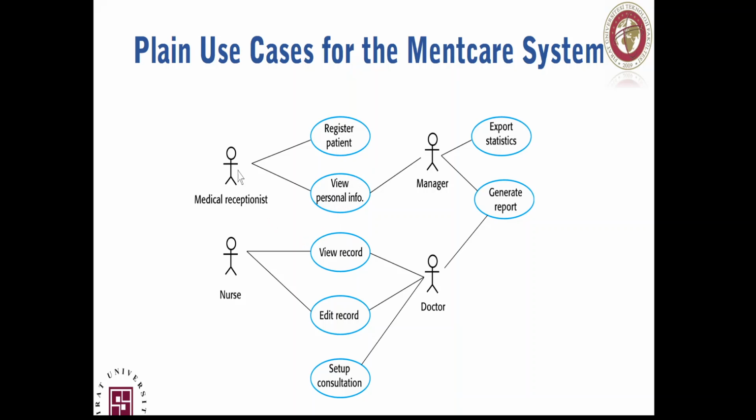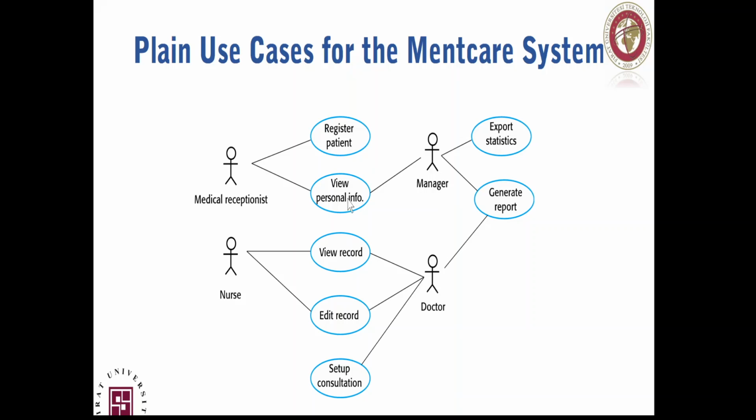Well, for a medical receptionist, it's not usually the case that this receptionist views records or edits records. No, usually not. This is usually restricted to doctors or nurses. Setting up a consultation usually is done by doctors or maybe permitted nurses based on the doctor's permission.